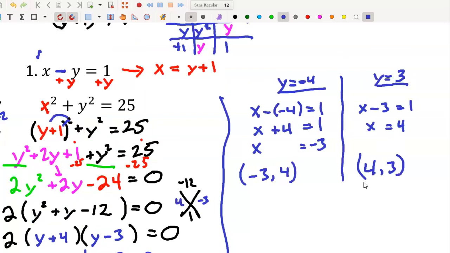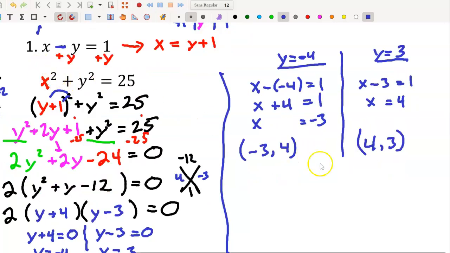And you could probably look at this and know how to mentally graph this, so it doesn't hurt to think about it. All right, this is a circle, right? Both positive. Centered at 0, 0. And since it's 25, we know the radius is 5. So this is a circle with a radius of 5.